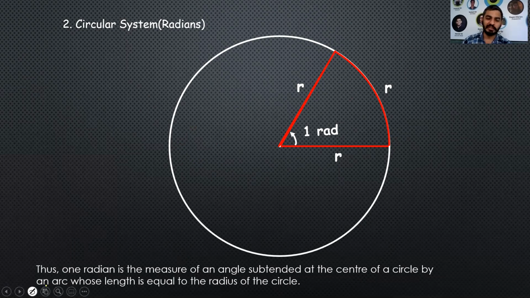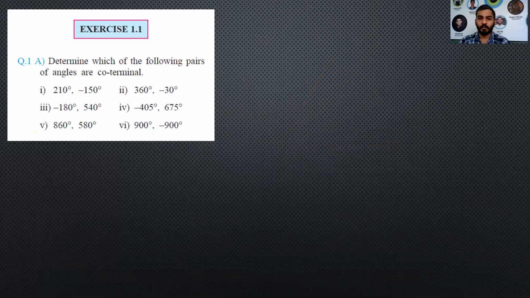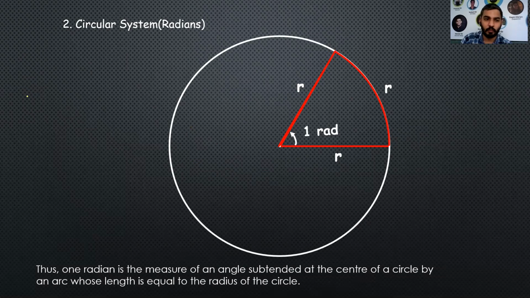Now, how do we relate the radian measurement and the degree measurement? Class, you have to keep in mind that 1 degree is equal to pi by 180 radian.